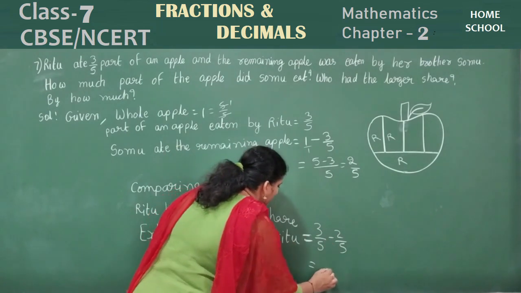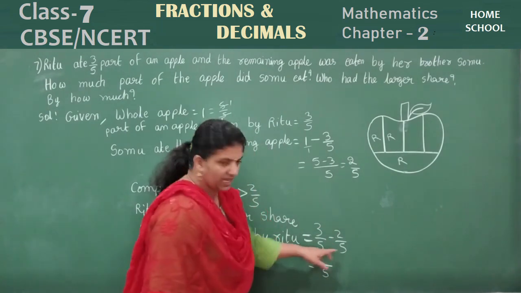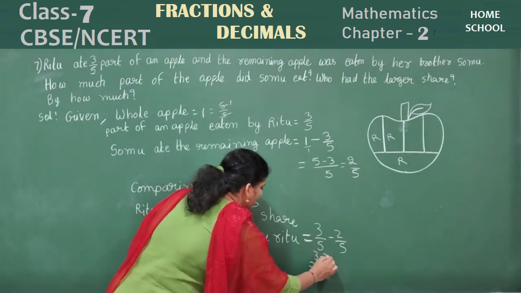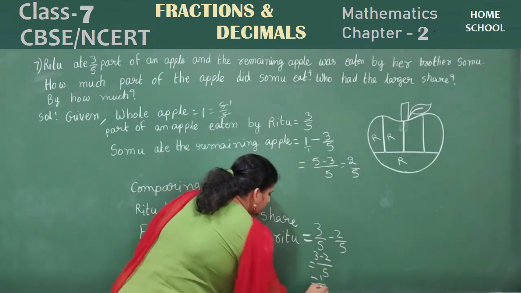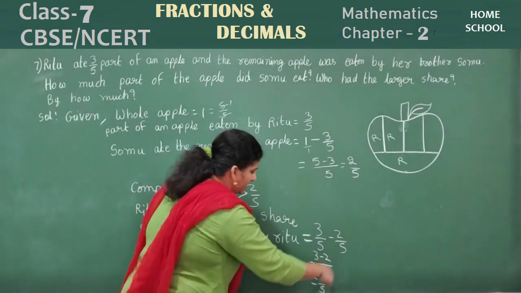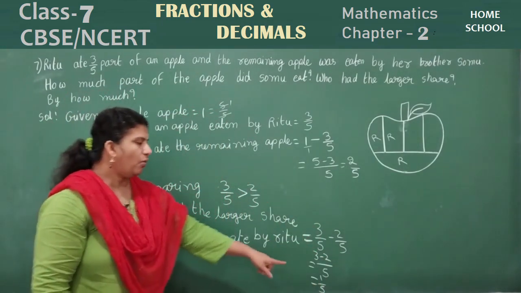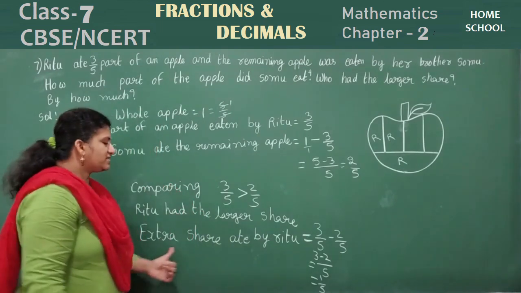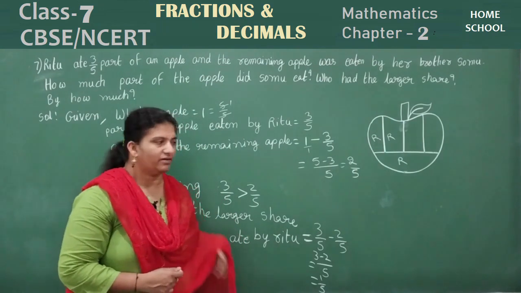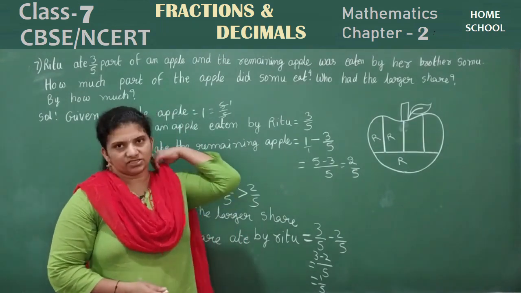Denominators are same, 5. So numerators directly you can subtract. That will be 3 minus 2. Your answer is 1 by 5. Extra share eaten by Ritu is how much? 1 by 5. This is your answer, children.